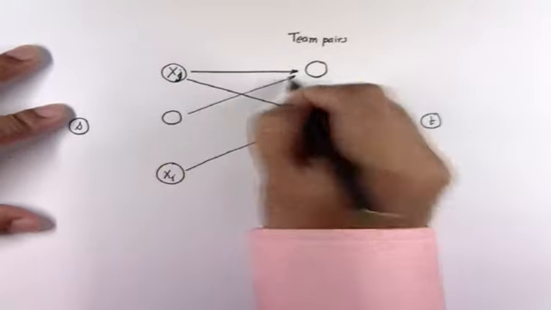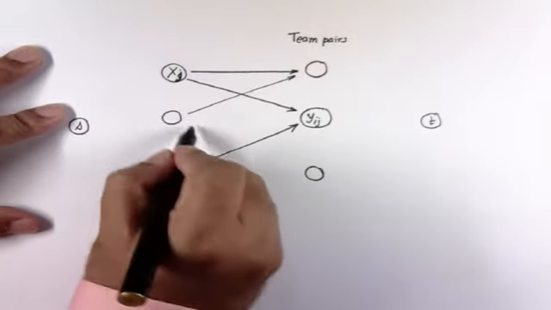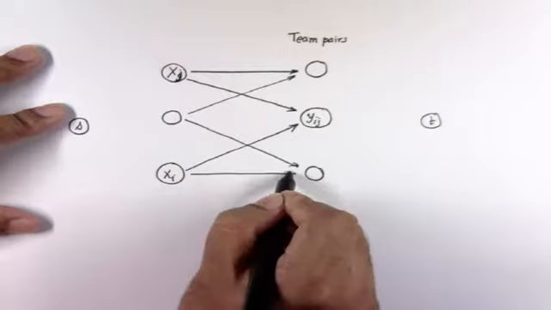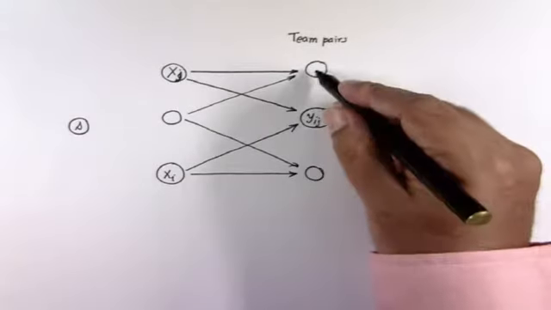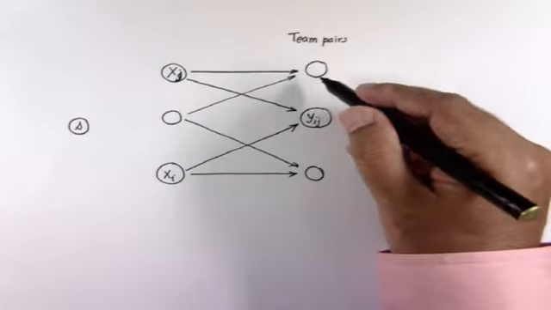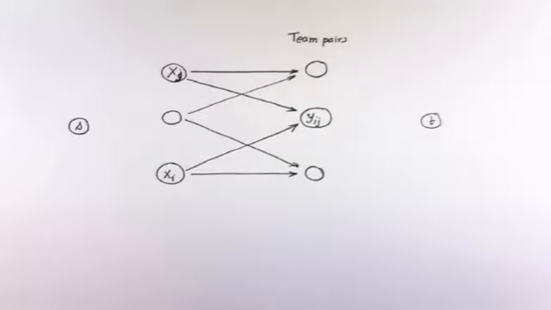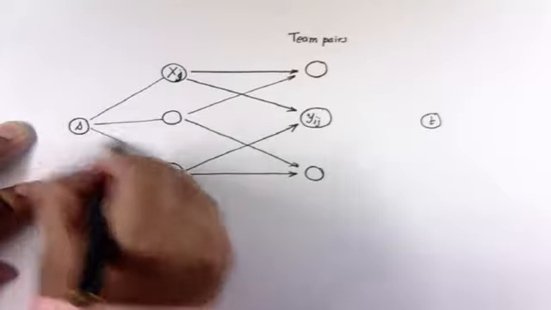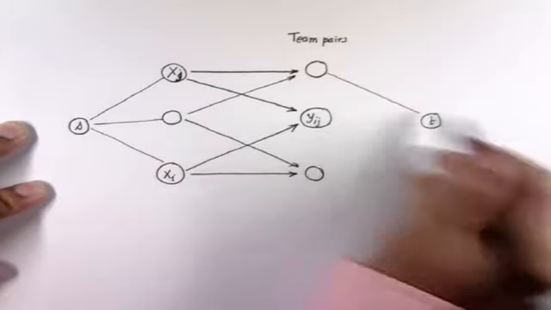And similarly, these are the other edges. Each of these nodes will get two incoming edges, because these represent pairs. So, for a pair of teams A and B, it will receive an edge from team A and an edge from team B, right. And I will put edges from S to all of these and from all of these to T.